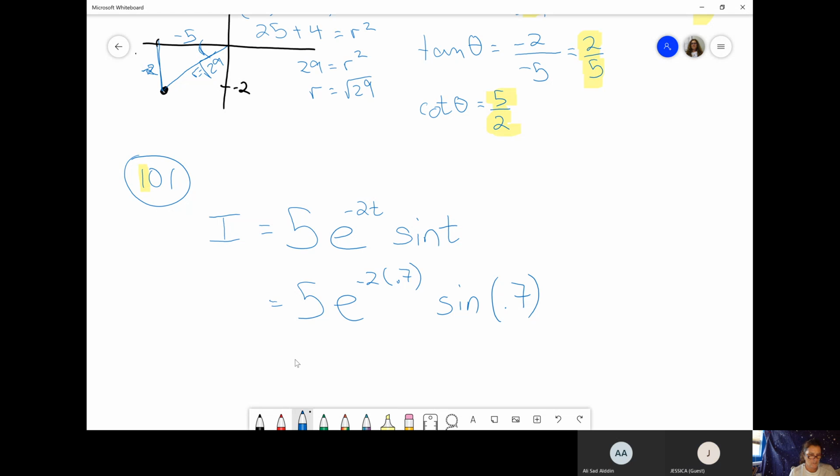5, then ln is e, negative 2 times 0.7, sine 0.7. Is that how you're supposed to do it? Hold on.